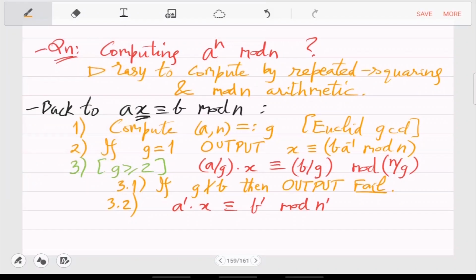Right, so here A prime, B prime, N prime are integers that we have computed, and you have to find an x. So just to avoid confusion, let me call this also x prime. Okay, so you will find a solution in this smaller equation x prime, and then now you have to output something for x coming from x prime, right?